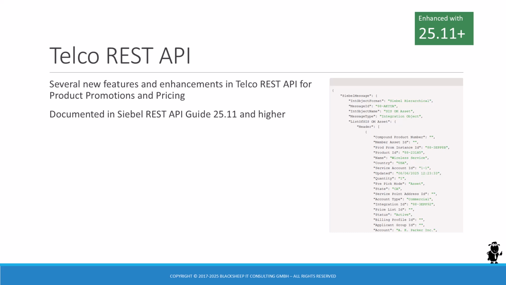So there's a telco REST API, UCM REST API, product catalog. All kinds of APIs exist officially for Siebel. And the telco REST API gets a lot of updates in the product promotion and pricing section. So it's more or less order management related. Anybody using those specific industry APIs actively?